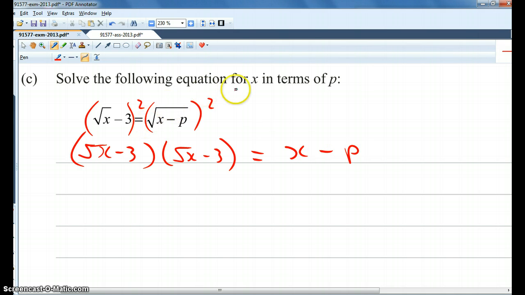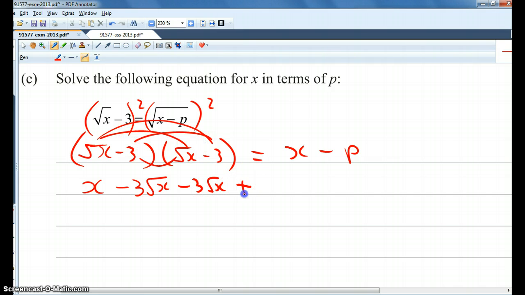So if I square the square root of something, I'm back to normal, right? So here, square root of x times square root of x is x, and then I've got minus 3 times the square root of x minus 3 times the square root of x plus 9 equals x minus p.